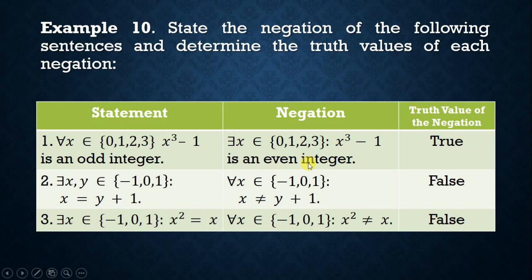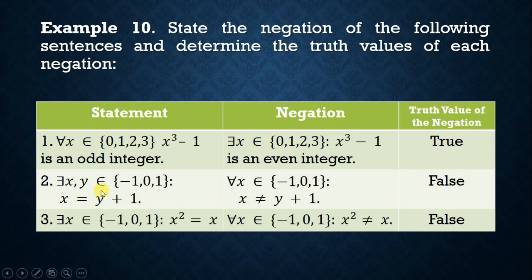So take note, the negation is even integer. To determine the truth value of this negation, we simply evaluate x cubed minus 1 at its given values of x. Since x cubed minus 1 is even when x equals 3, then the negation is a true statement.